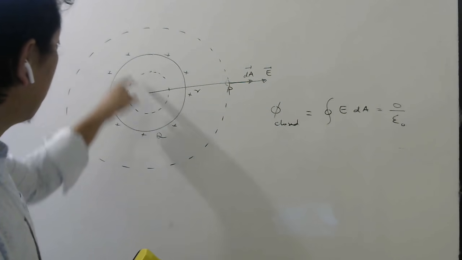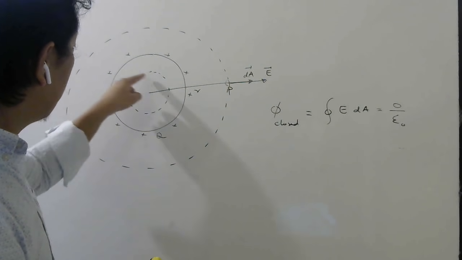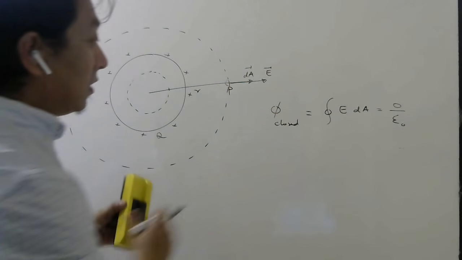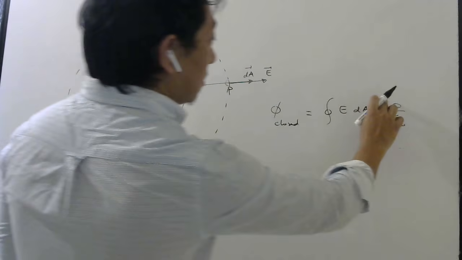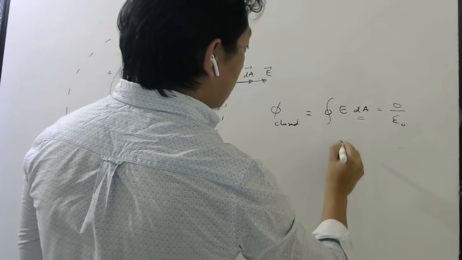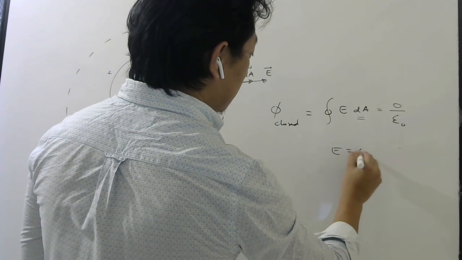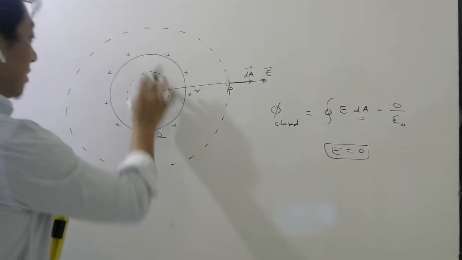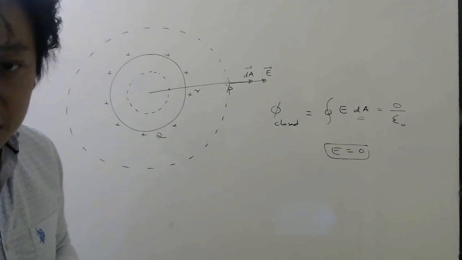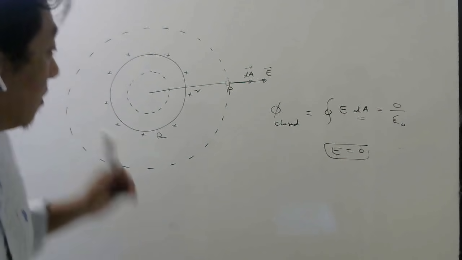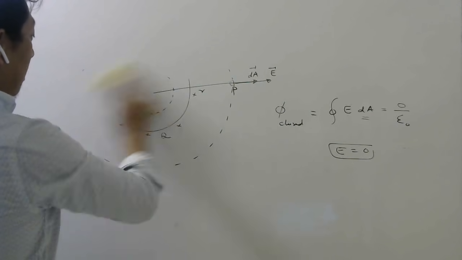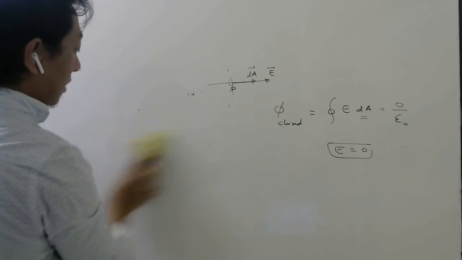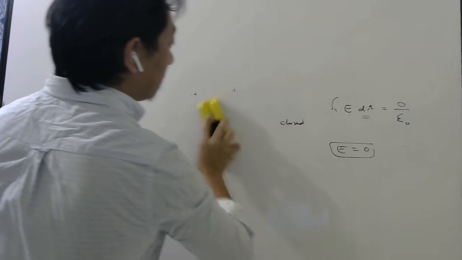Because this Gaussian surface is inside the shell, and this integration is always done over the Gaussian surface. Since this is 0, it means dA cannot be 0, so E has to be 0 everywhere inside the shell. So immediately we can find the formula for electric field outside and inside a spherical shell. Inside, remember, electric field is 0.